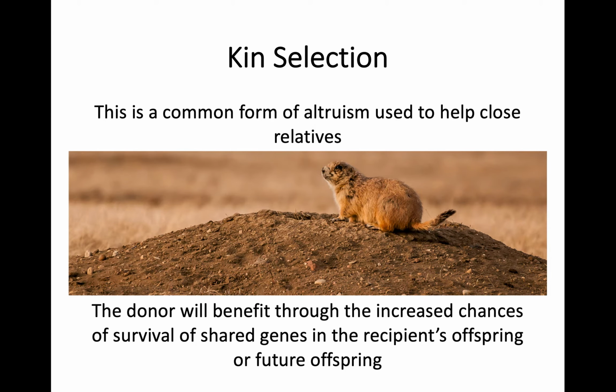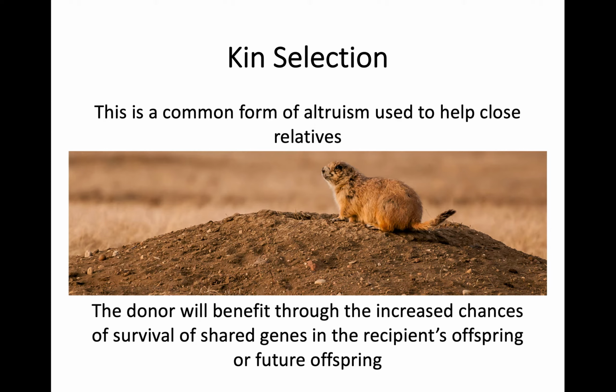The other one, which is a common form that we can see in these social groups, is called kin selection. So kin meaning sort of your family. This is a much stranger form of altruism, which is used to help close relatives. So what will happen here is you will show altruism, you will show this unselfish behaviour towards close family members by putting yourself at harm.